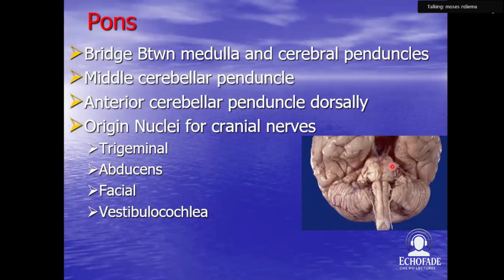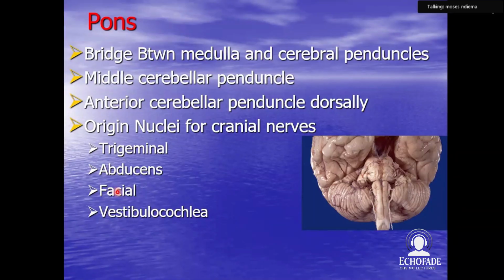Pons also gives origin to cranial nerve nuclei: the trigeminal nerve, the abducens nerve, the facial nerve, and vestibulocochlear nerve. The facial nerve has several origins.